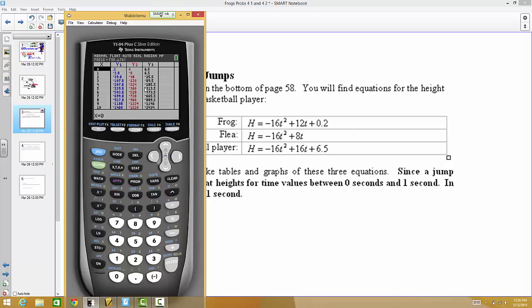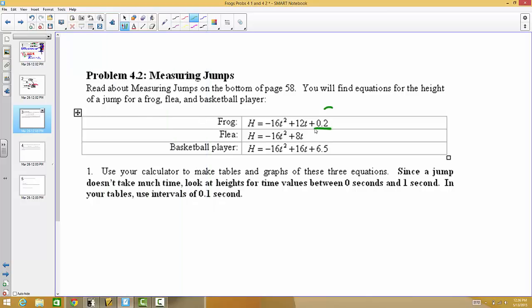Now, as you can see, the frog is done jumping already because the frog started at 0.2. That's what this means right here. This is the height of the frog at the start of the jump. That's your y-intercept. Y-intercept means when x equals 0, y would equal 0.2.